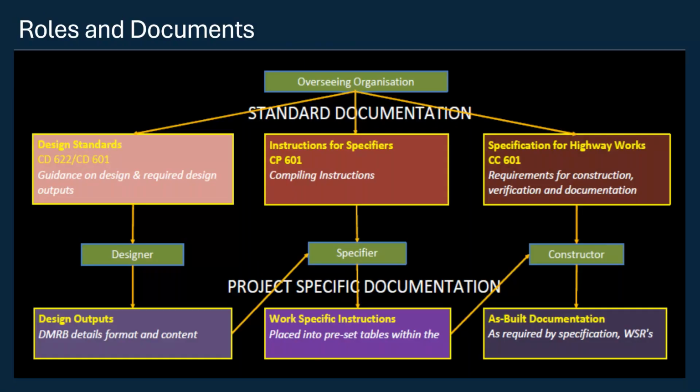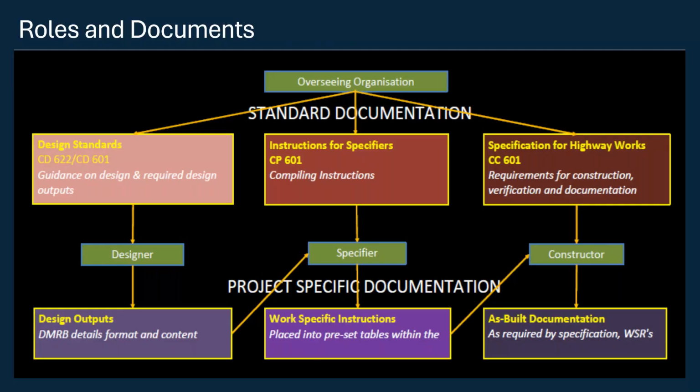He uses that information to specify the works by populating the work-specific requirements. A series of tables which summarize all the key information to be used within the completed specification. And then the completed specification is used by the constructor to implement the works and deliver the project. And then he is required at the end of the works to provide as-built documentation as required by the specification and the work-specific requirements within it.